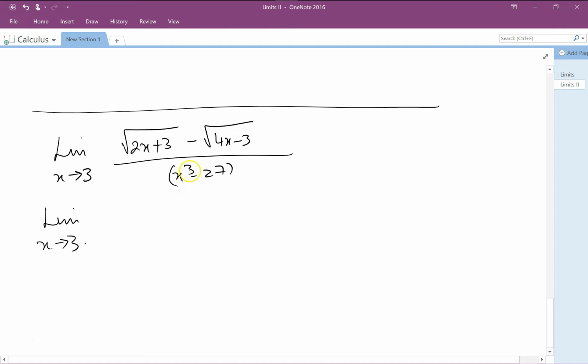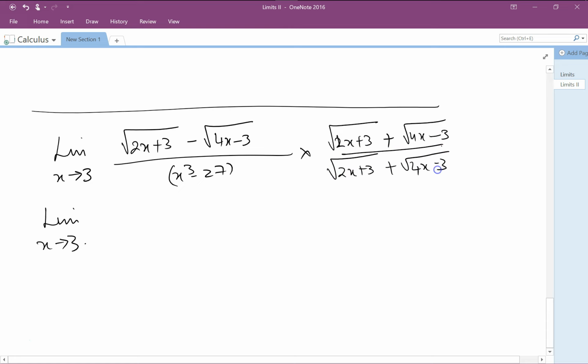If we put 3, 3 square is 9, 3 cube is 27, minus 27 becomes 0. So we need to rationalize this. So multiply by square root of 2x plus 3 plus square root of 4x minus 3, divided by the same.